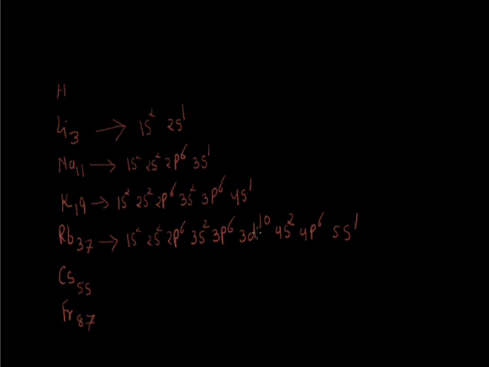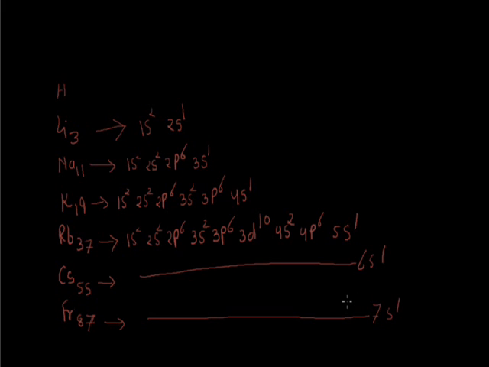In the cesium, the last shell becomes 6s1 and in francium, the last is 7s1.